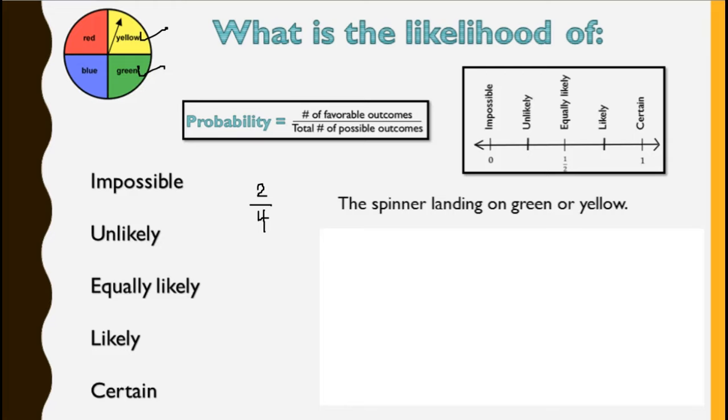So the probability is 2 out of 4. If you simplify that, that's 1/2. Then look here. The probability that I would land on a green or yellow is going to be equally likely. So I'm going to draw a line to that.